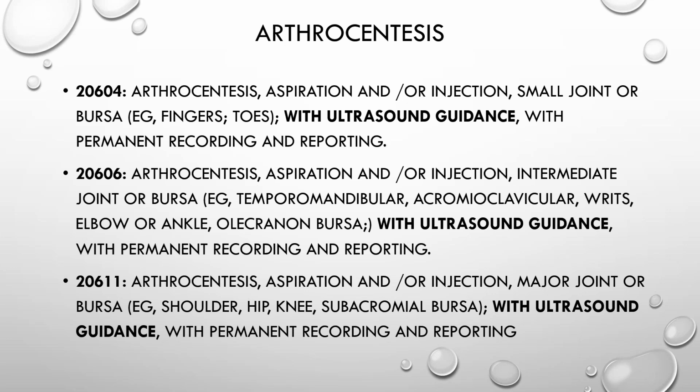So if it's a small joint, it's with ultrasound guidance 20604, and so on and so forth. The large joint injection with ultrasound guidance is going to be 20611. And so you have essentially 6 codes that could be used for the arthrocentesis procedure.